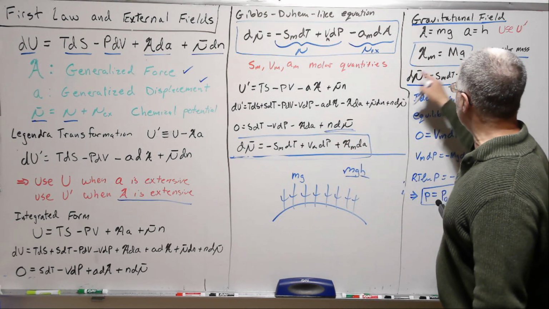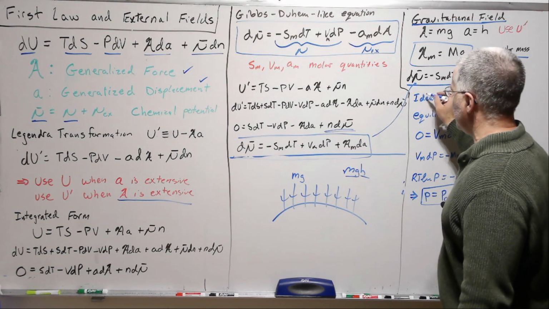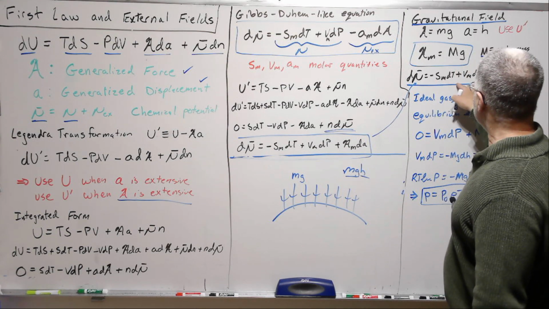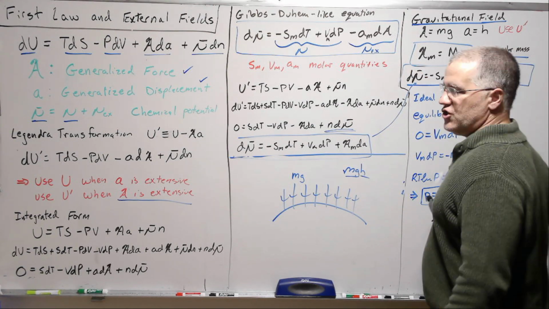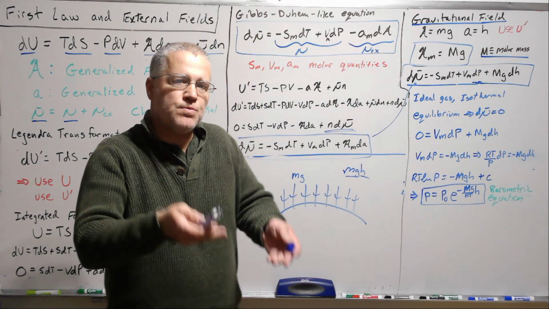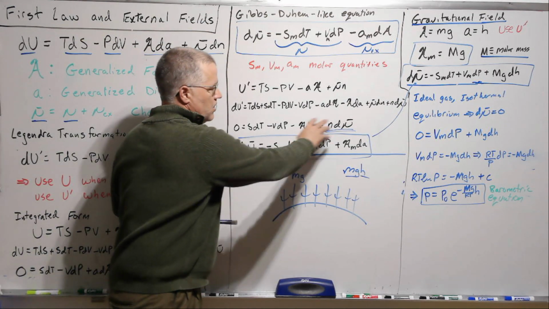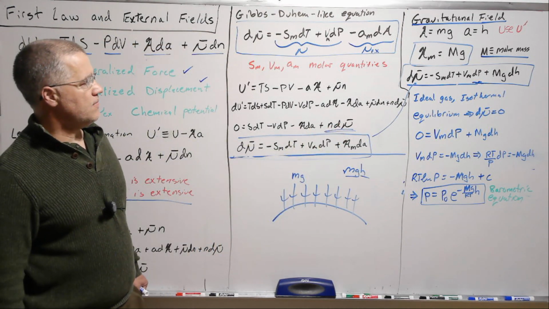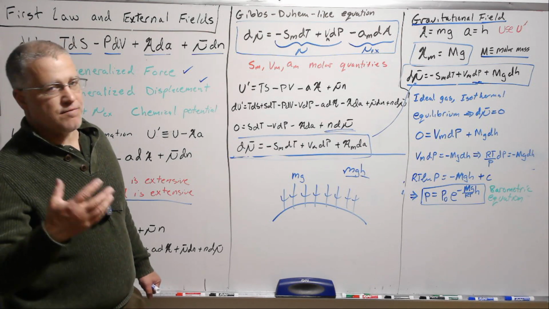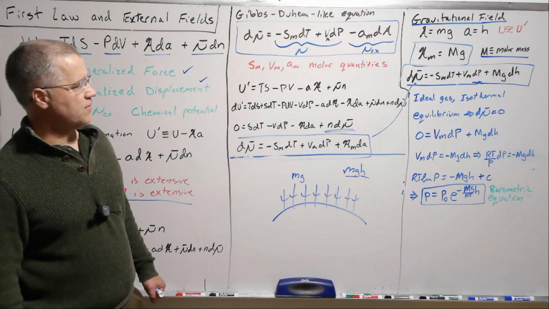So we're using U prime, so this guy will come here. So minus S_m dT plus V_m dp plus mg dh. Okay, so now we're in the specific example. This is general. Specific example here of particles in a gravitational field.